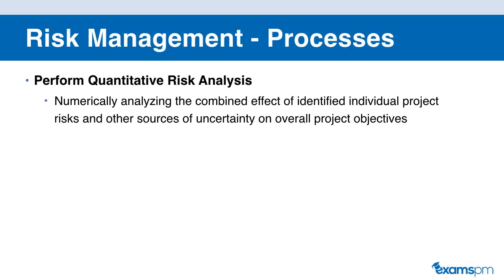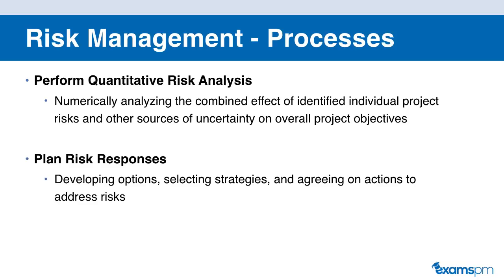Once you have performed quantitative risk analysis, you're now ready to plan your risk responses. So this is what you're actually going to do to deal with the risks that may occur on your project. This is where you're developing options, selecting strategies, and agreeing upon actions to address risk. Now, let's take one step back. A risk on your project is an uncertain event that may or may not happen in the future.